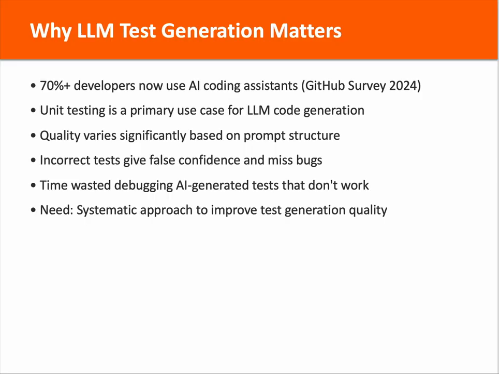How many of you have wasted time debugging the AI generated tests that looked correct but failed in mysterious ways? Our research provides a systematic approach to get consistently high quality tests. Let me show you what the literature says about this problem.